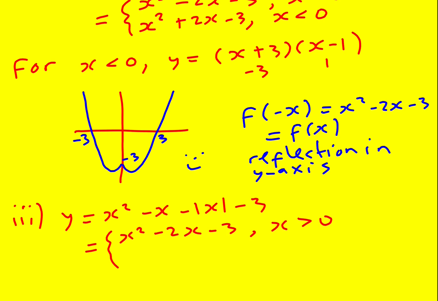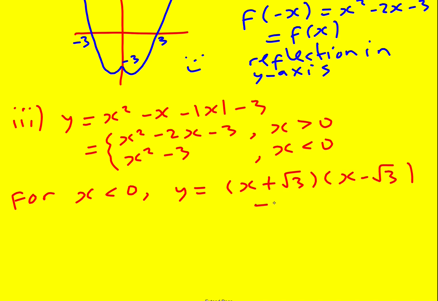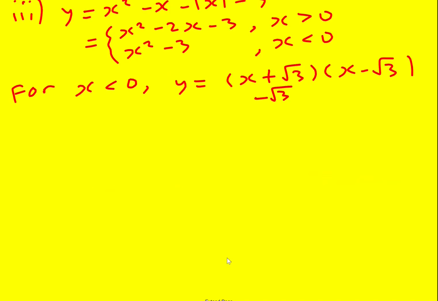However, for x less than 0, the modulus is going to become minus x, so it'll become plus x. So it'll be minus x plus x, and we're going to get x squared minus 3 as our result. For x less than 0, y is actually going to be x plus root 3 and x minus root 3. The root of interest is going to be minus root 3 because that's the one that's going to be negative.